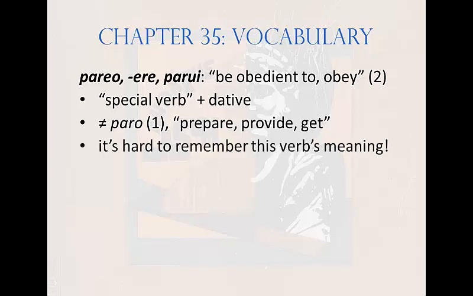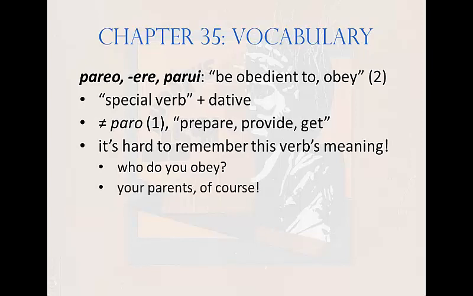Speaking of which, the meaning of pareo is for some reason hard for English speakers to memorize. No doubt in part because English contains all but no notable derivatives of pareo. Past students of mine have found it useful to remember pareo this way. Who do you obey? Your parents, of course. Etymologically, that's a totally invalid correlation.